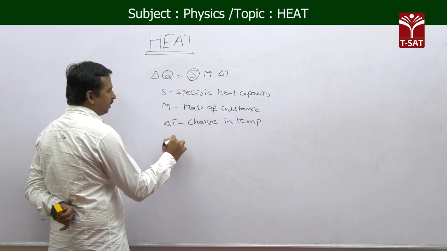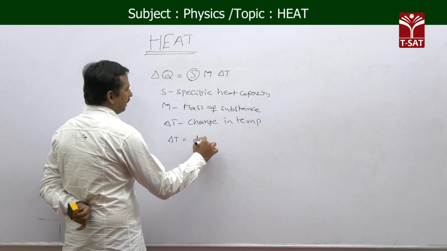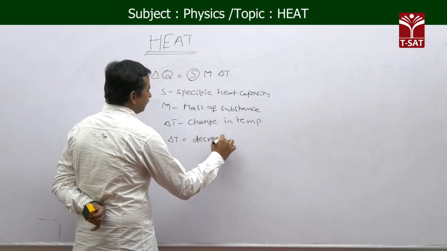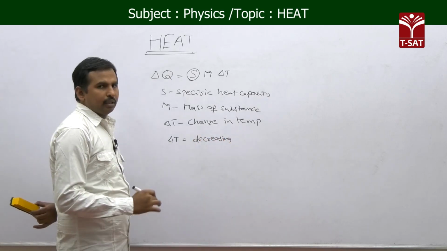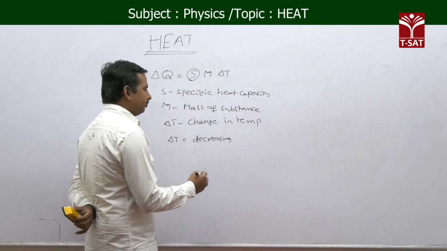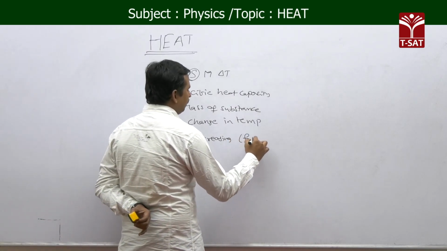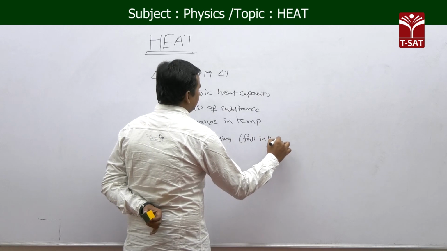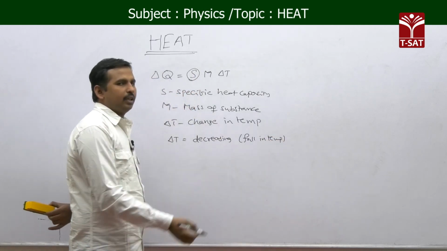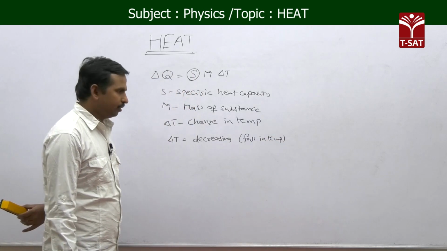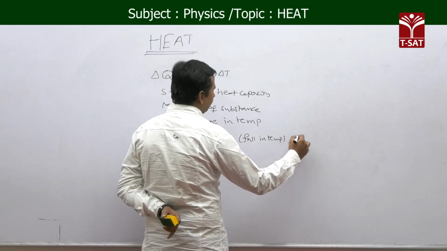Remember, if the change in temperature is decreasing, it means there is a fall in temperature, and we are supplying heat to the other body, so there is a loss of heat.